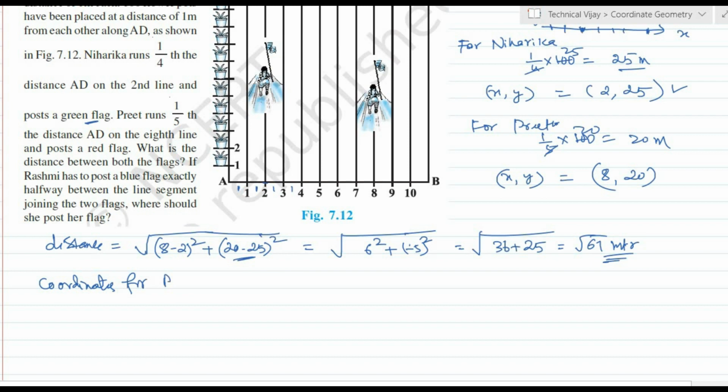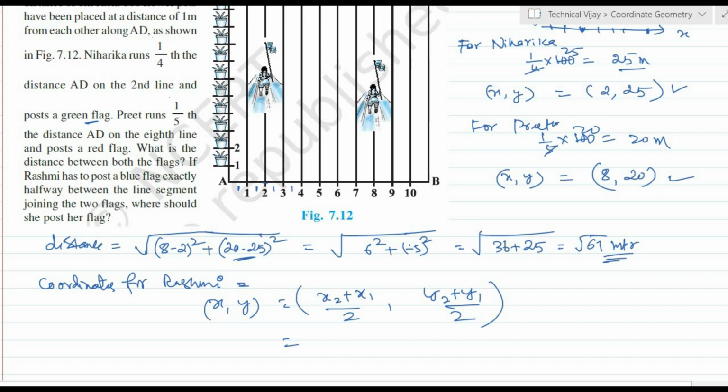We know these two coordinates, 2, 25 and 8, 20. The midpoint coordinates x comma y are x2 plus x1 divided by 2 for the x coordinate, and y2 plus y1 divided by 2. This is the midpoint.